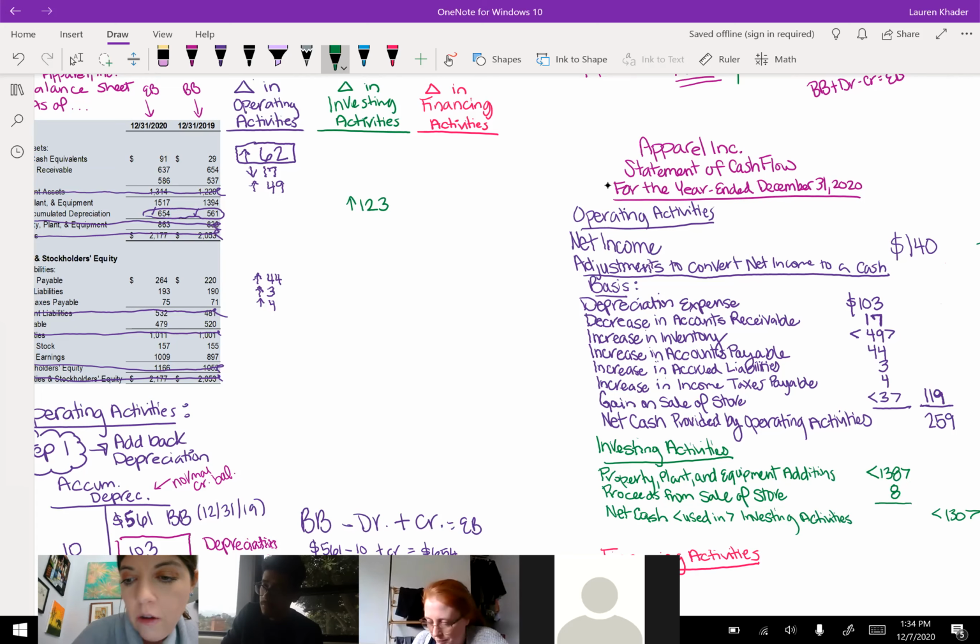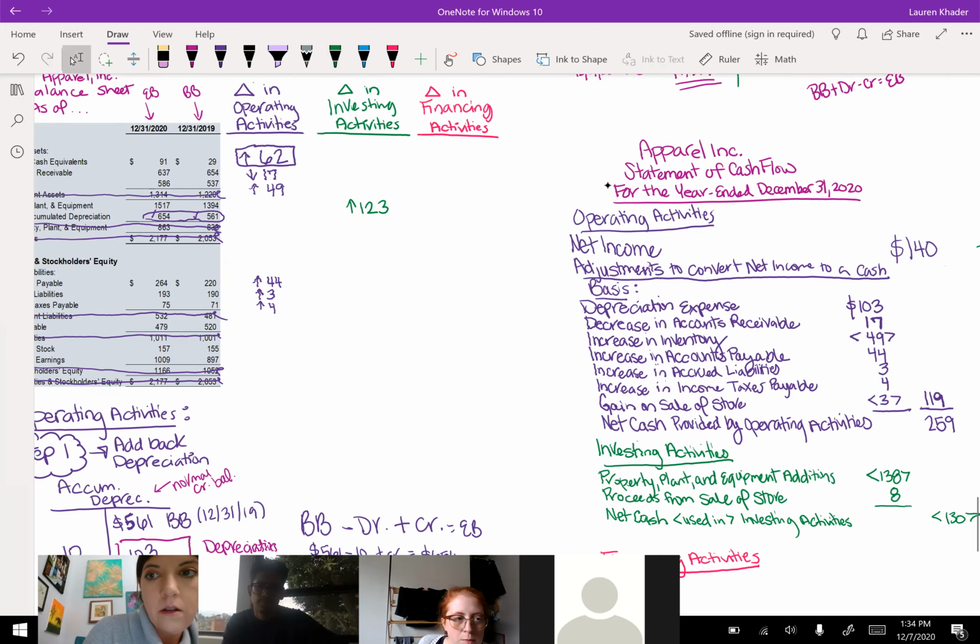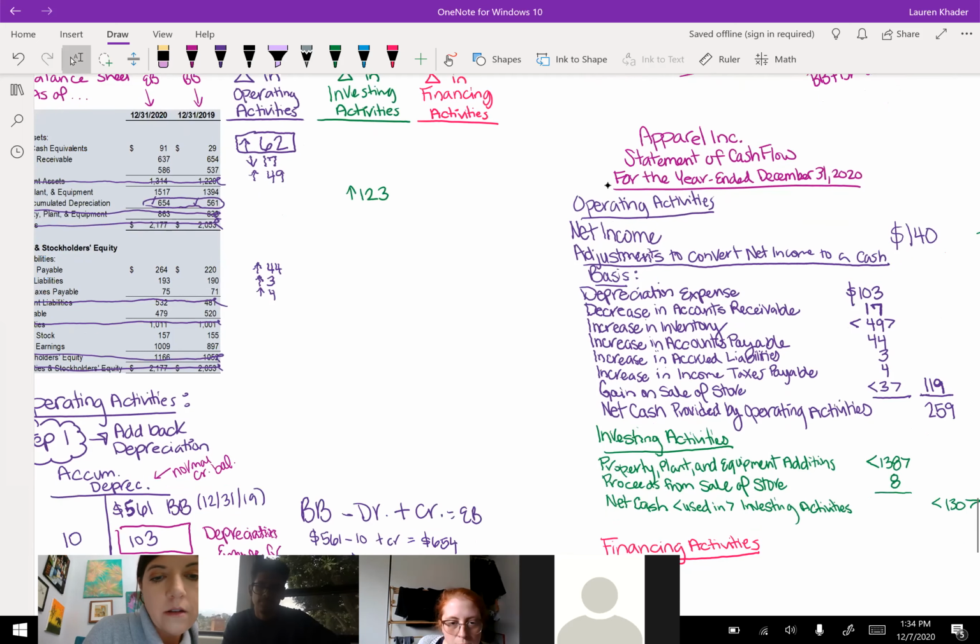So we had more outflows of cash than inflows of cash for investing activities, which is a healthy sign for the business. They're investing more than they're selling off. And you have outflow of 130. Does that make sense?